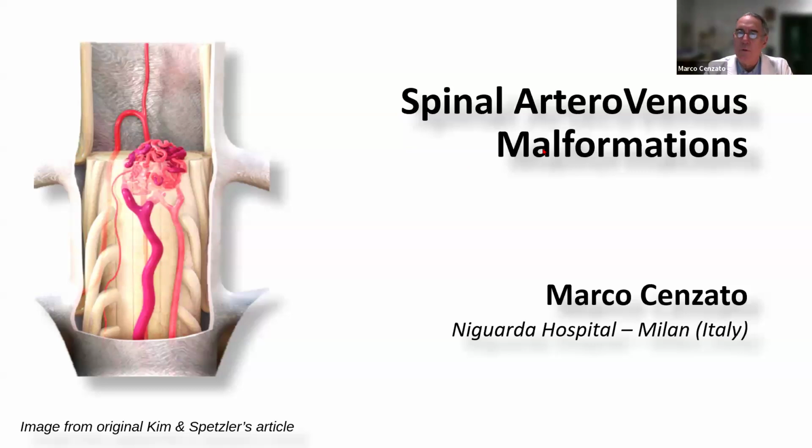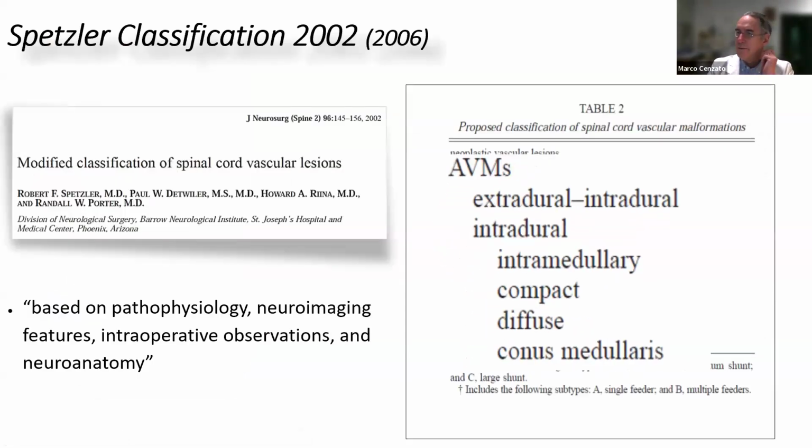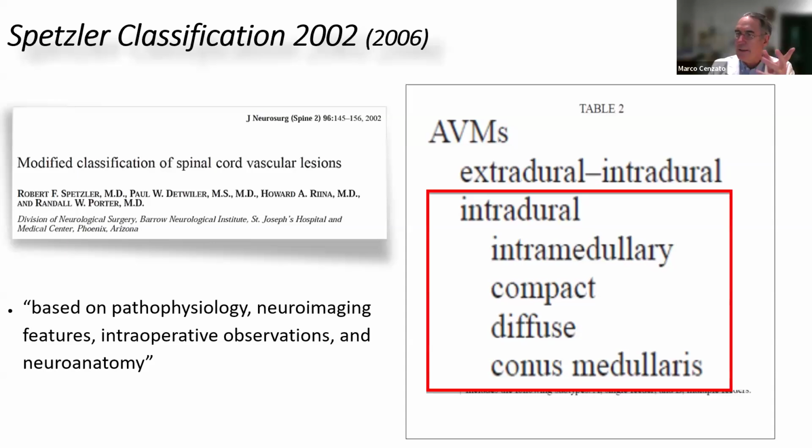So we will talk about spinal arteriovenous malformation. We will talk about some particular cases, and I would like to focus on some aspects, mainly trapping of the spinal arteriovenous malformation and the problem of veins. As you know, there are several classifications now.